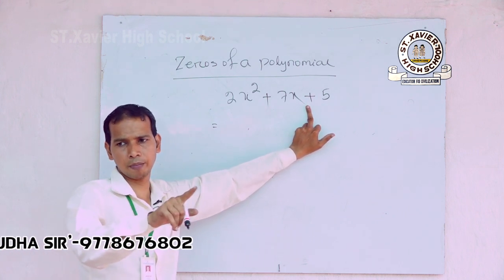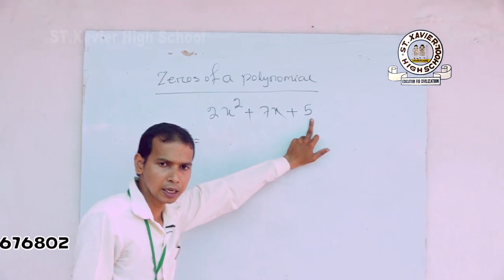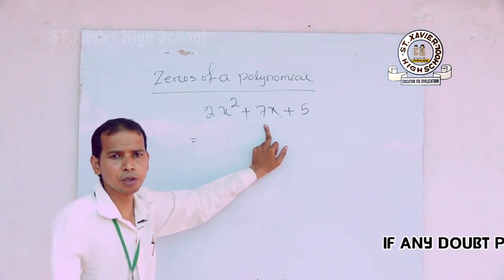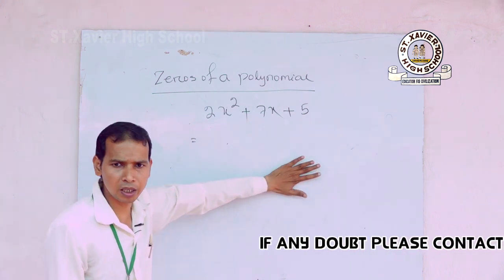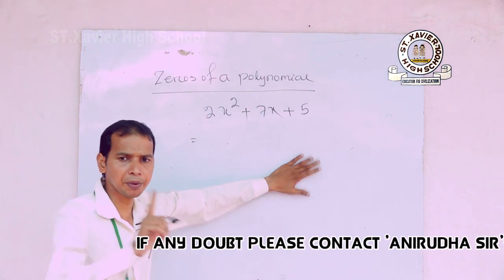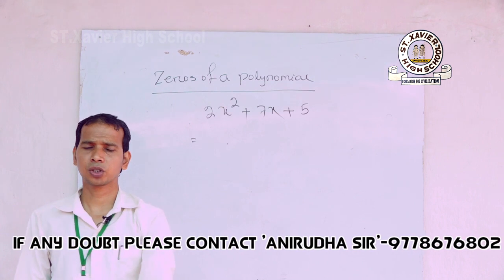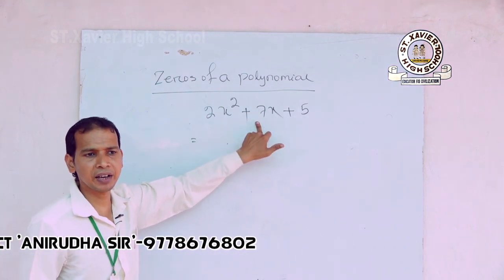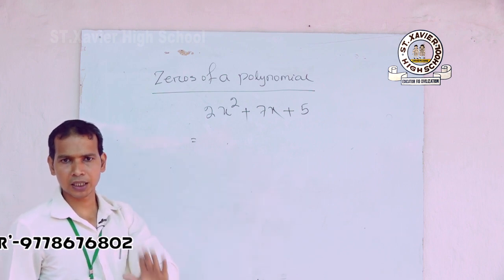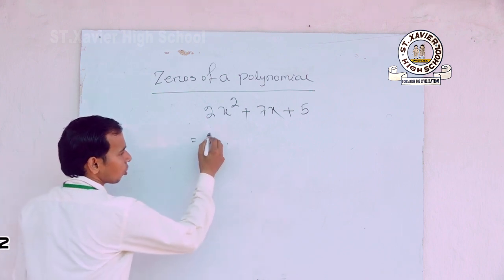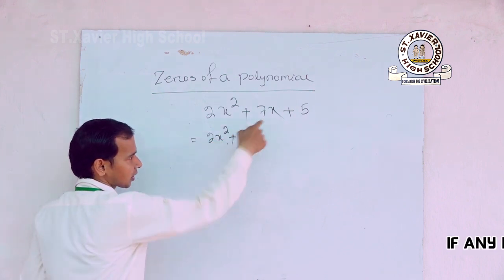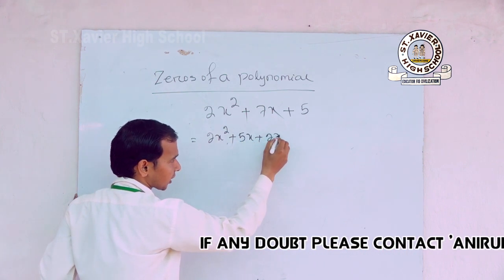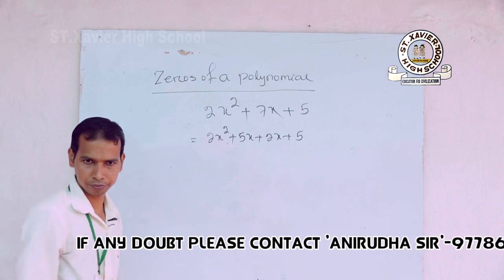So you take two numbers whose product is 10 and sum is 7. If you check, you get two numbers 5 and 2. 5 into 2 is 10, then 5 plus 2 is 7. So we split 7x as 5x plus 2x. So 2x square plus 7x splits into 2x square plus 5x plus 2x plus 5.